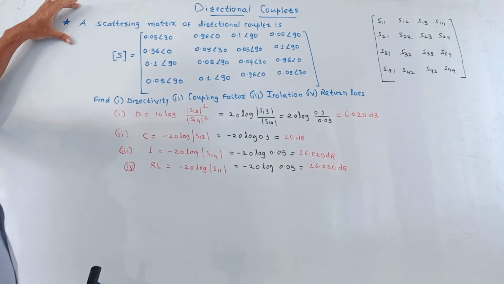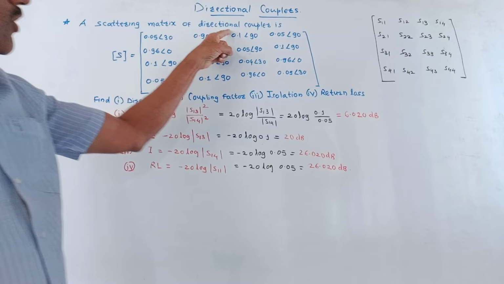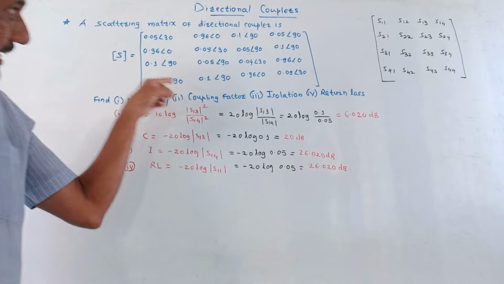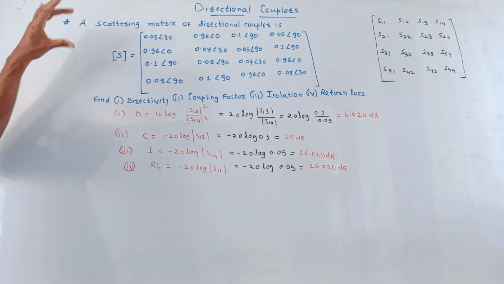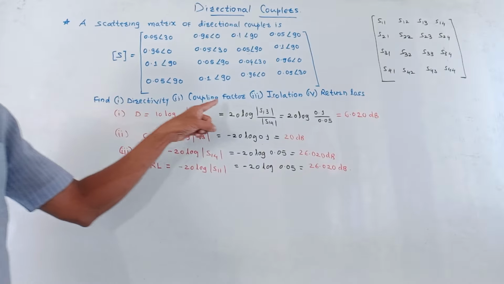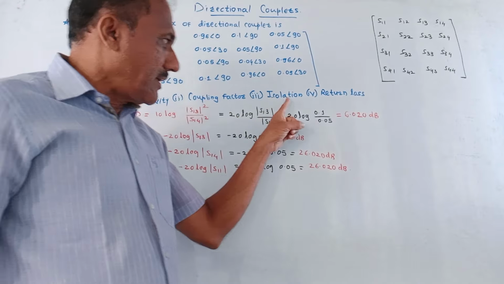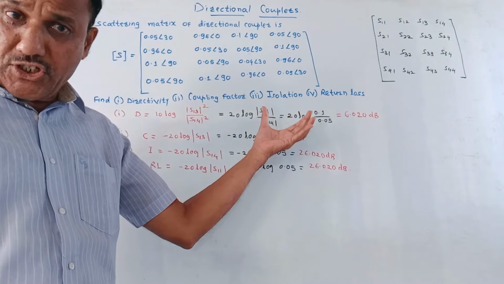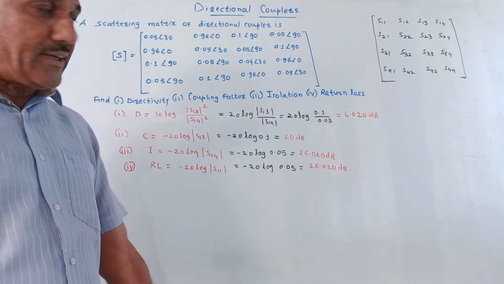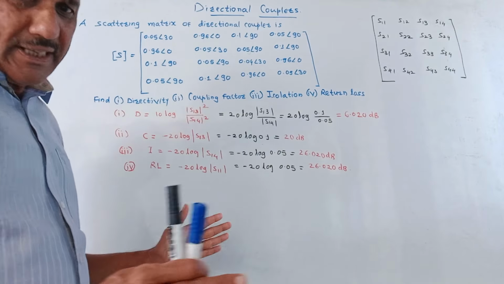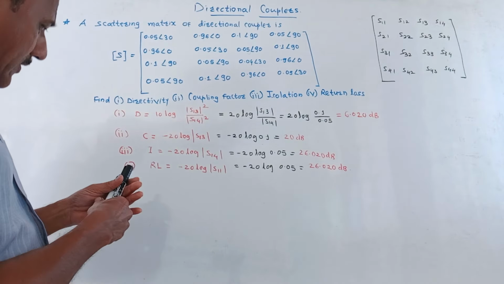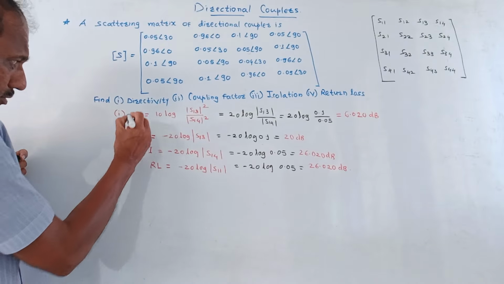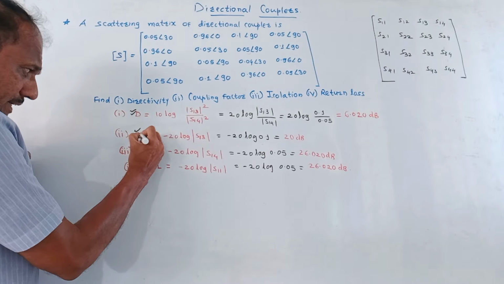The first problem: the scattering matrix of a directional coupler is given. Find directivity, second part coupling factor, third isolation, and fourth return loss. We already discussed the definitions and meaning of each and every term. As far as the numericals are concerned, do remember you just have to know these formulae.